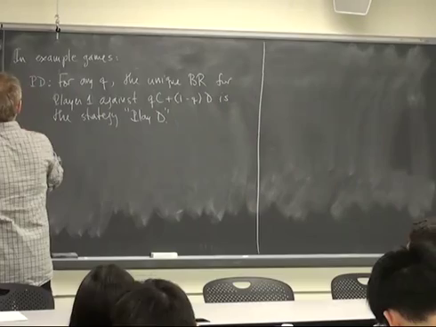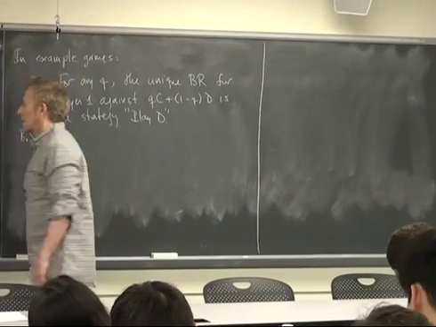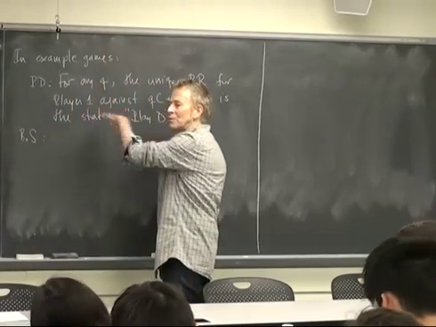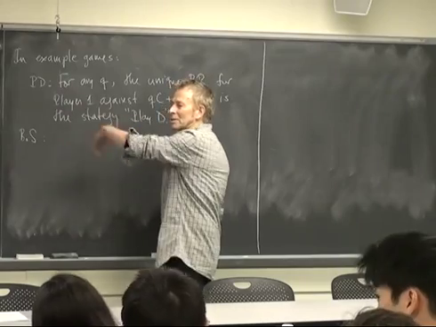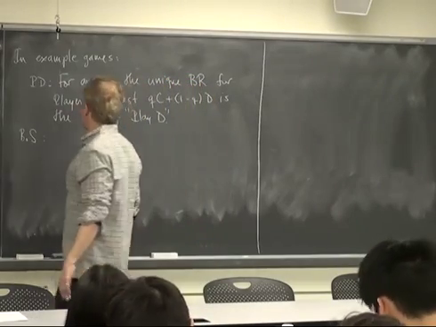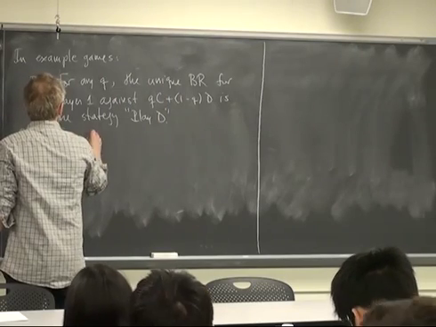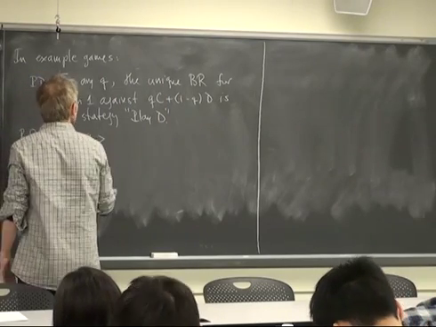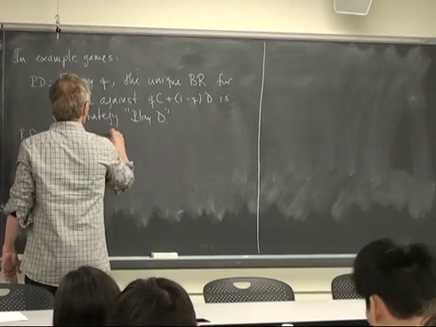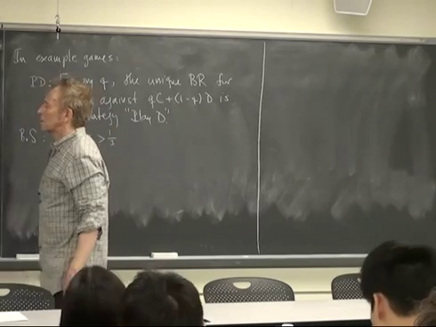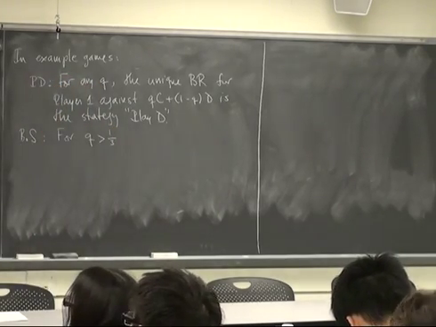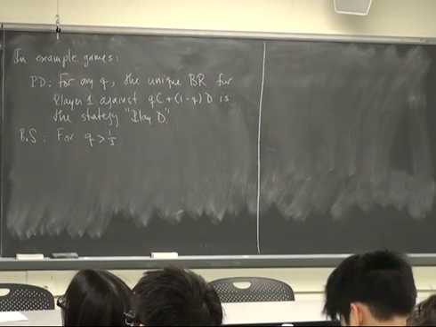In the battle of the sexes, and I'm showing you these things, I'm not proving them out, and I'm going to state a theorem that kind of summarizes them in a moment. In the battle of the sexes, for Q bigger than 2/3 or 1/3, which one was it?